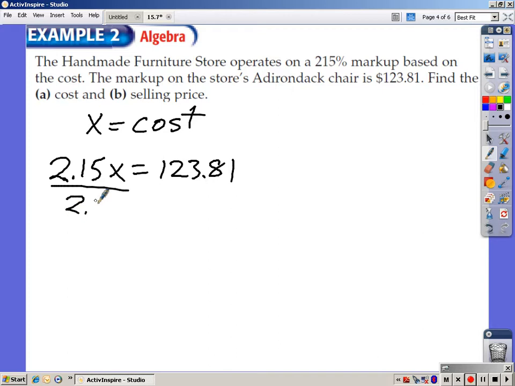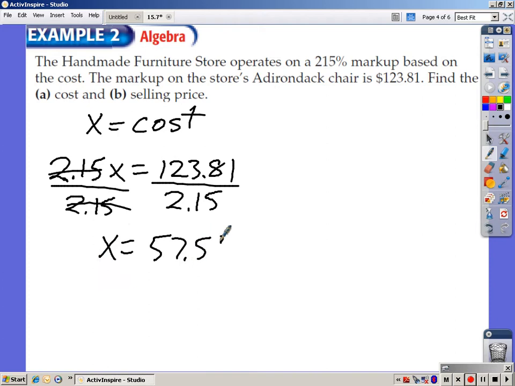Go ahead and divide both sides by 2.15. It's going to cancel on this side. 123.81 divided by 2.15 tells me that my cost is $57.59. All right? Now, that's part A.